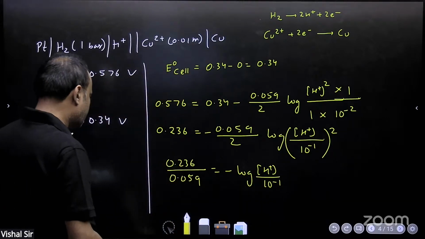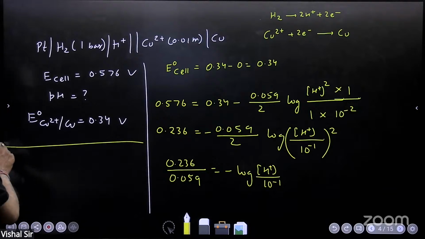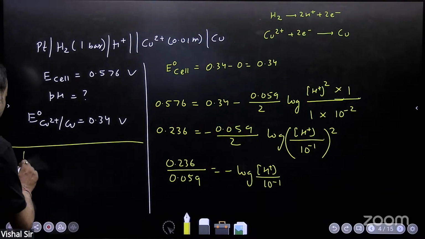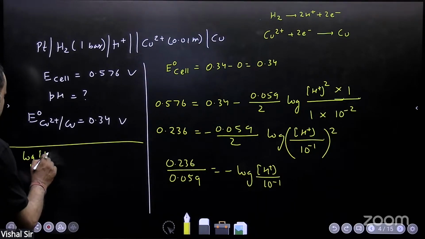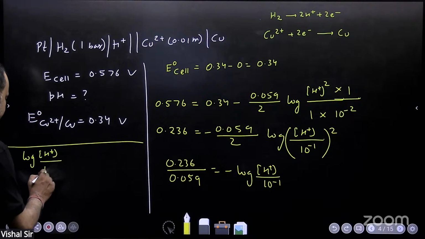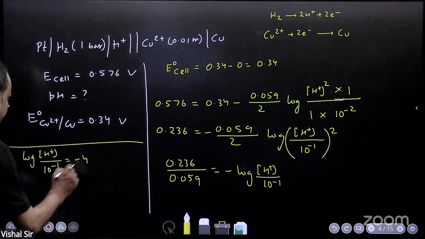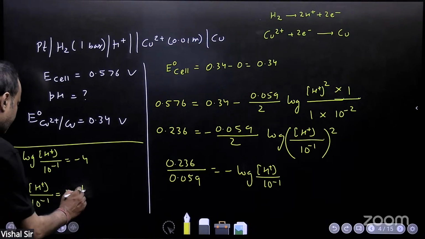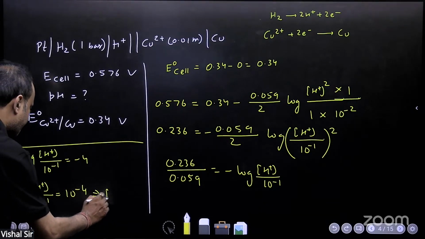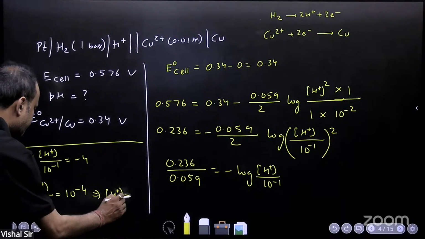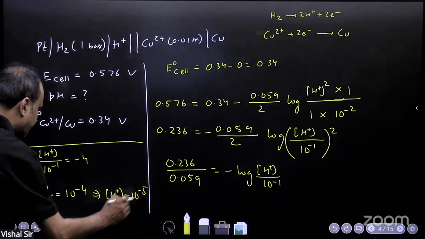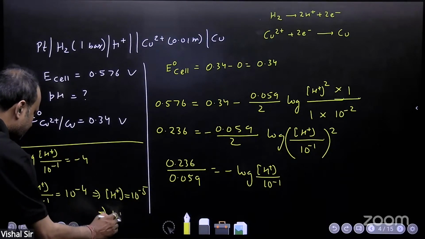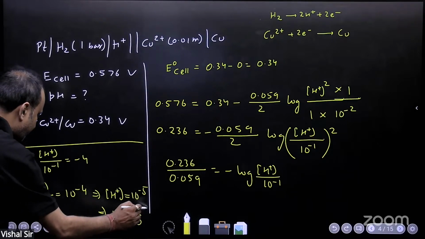This is 4. So log of H plus by 10 raised to minus 1 is minus 4. So H plus by 10 raised to minus 1 is 10 raised to minus 4. So H plus is 10 raised to minus 5. So pH value is 5.